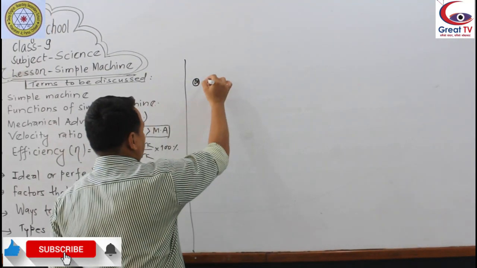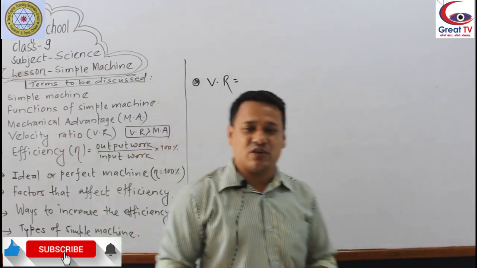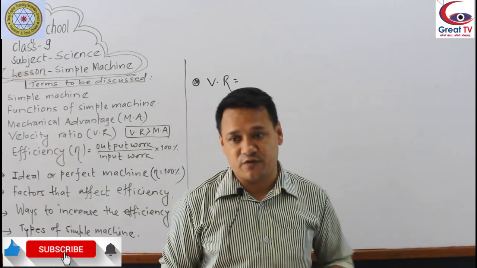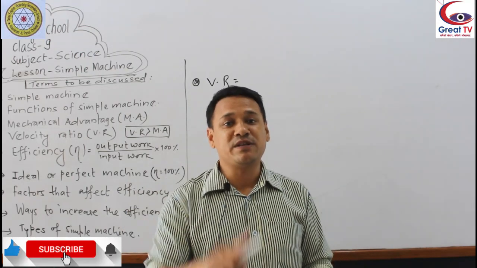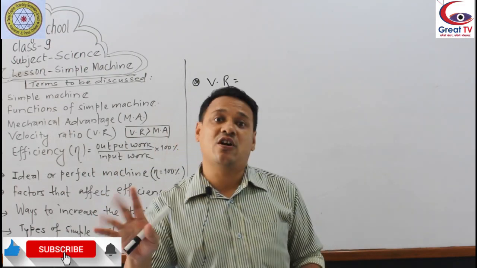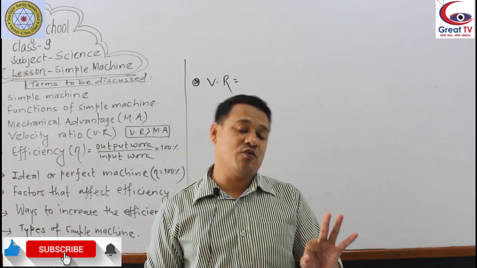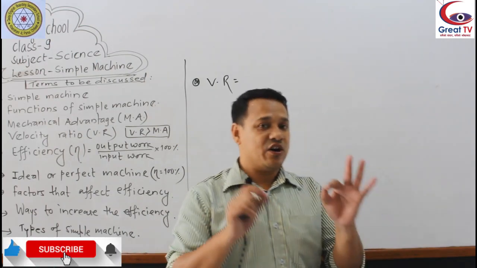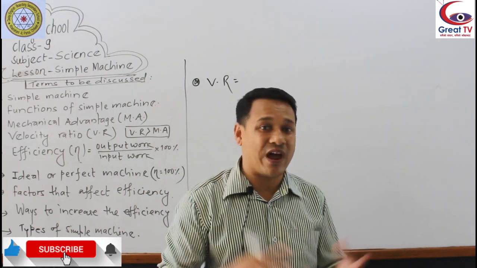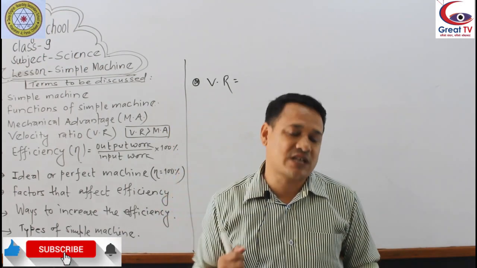Now velocity ratio means a ratio of velocity, actually a ratio of velocity of effort to velocity of load. While calculating, you know, velocity means distance over time taken.